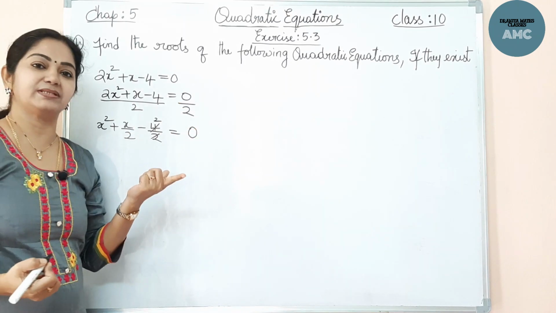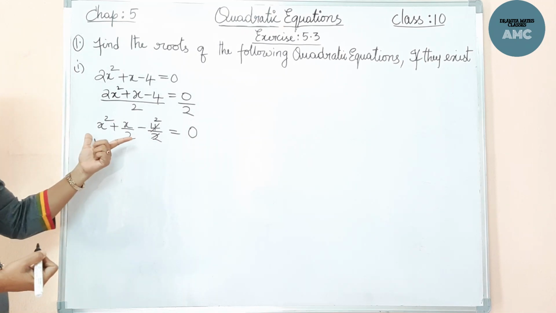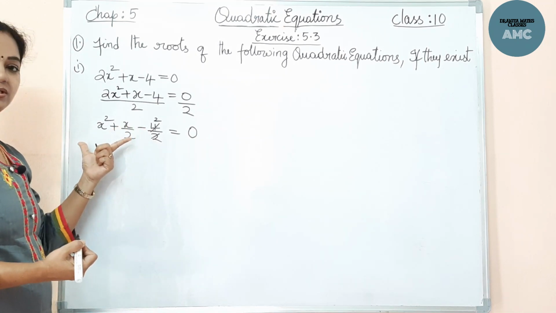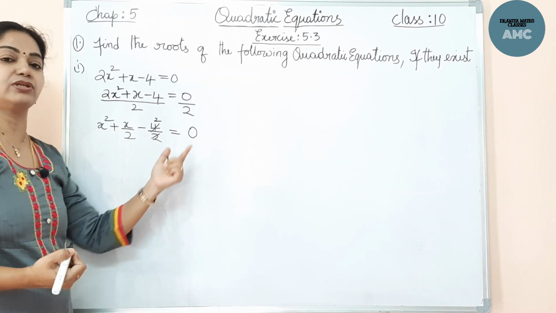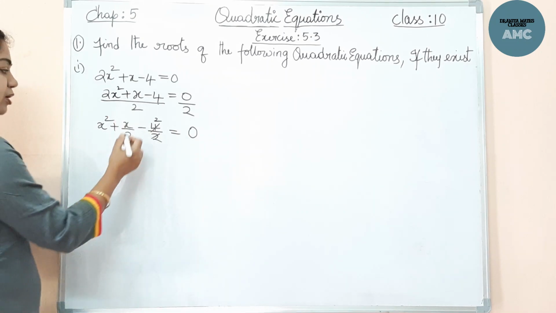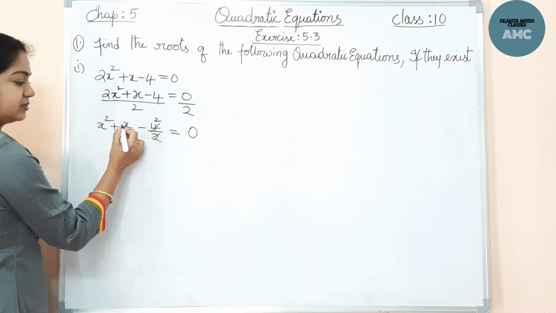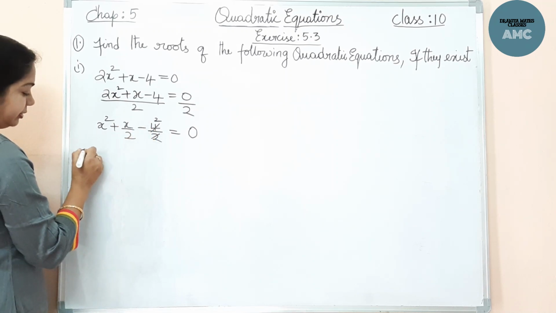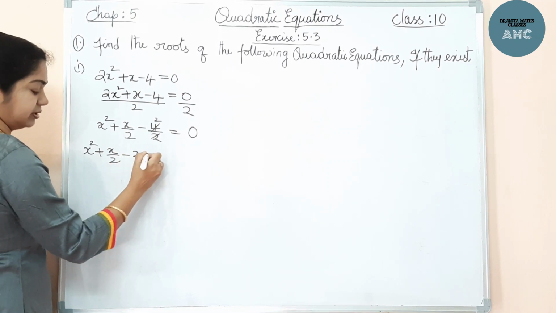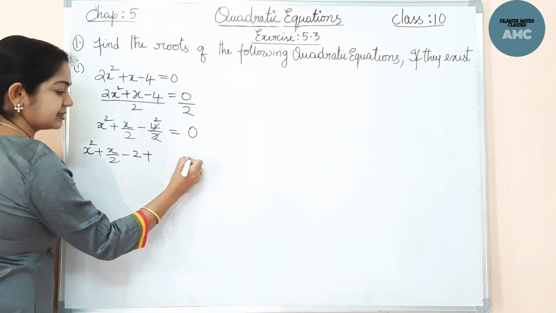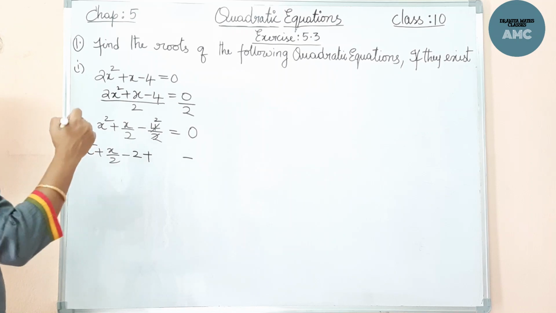The second step is that we have to make the LHS part of the equation. You have to add and subtract coefficient of x by 2 whole square. So, coefficient of x here is 1 by 2. Okay. So, x square plus x by 2 minus 2 here. We have to add and subtract the coefficient of x by 2 whole square.